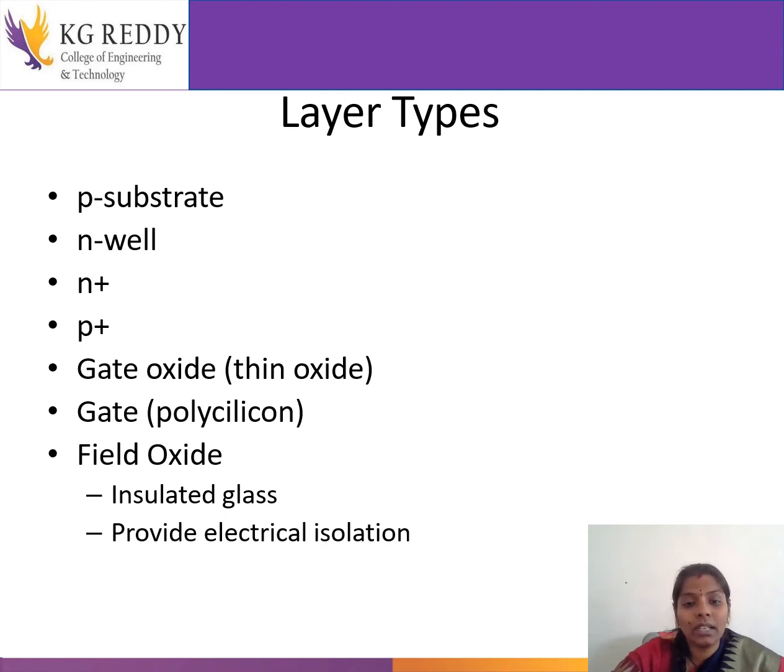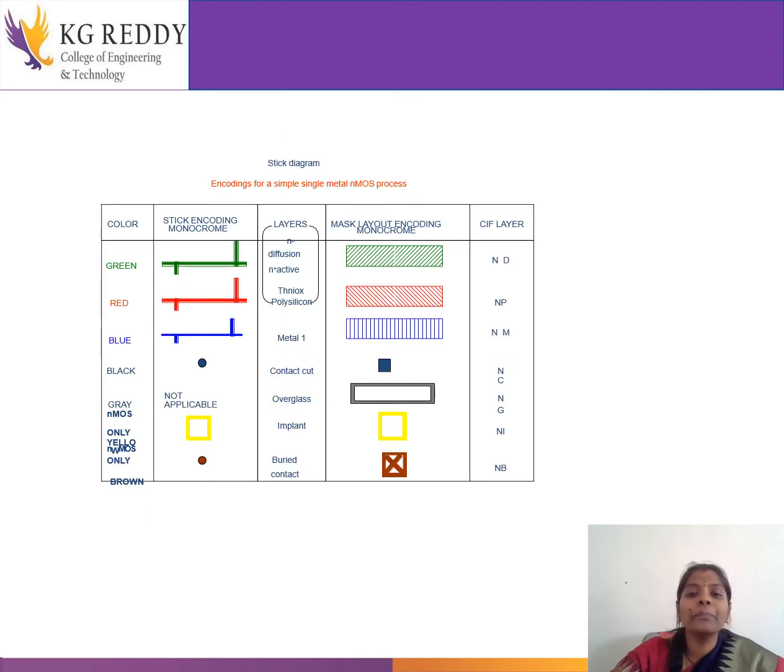Gate oxide or insulating layer, like the SiO2 layer, we have grown over the device, and then on top of that, only at the selected portion, we have introduced polysilicon for the gate. This is the process we actually did for the fabrication, right?